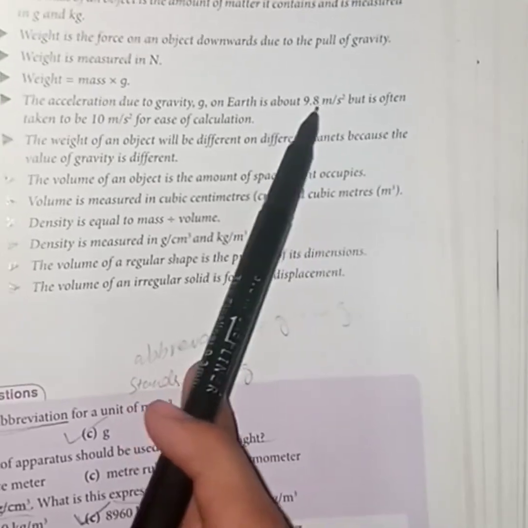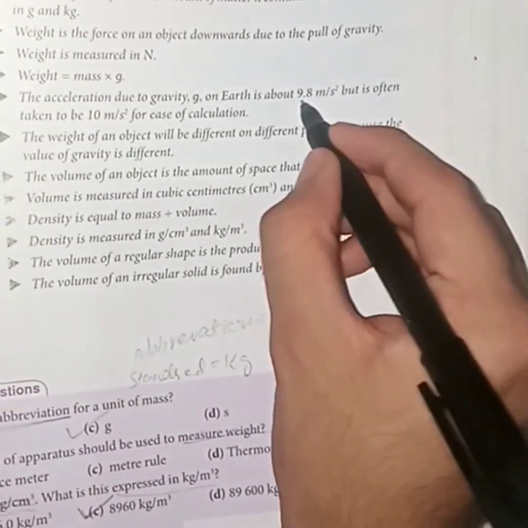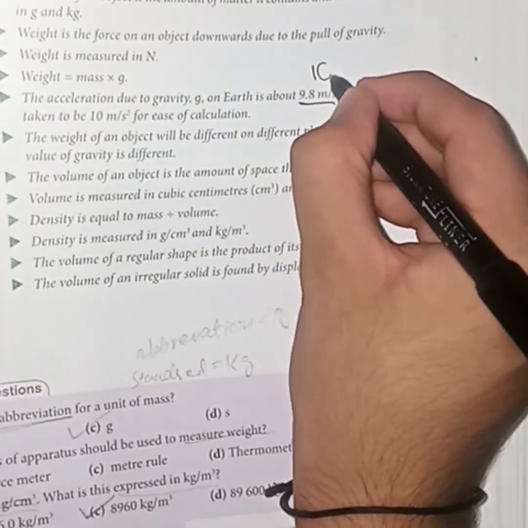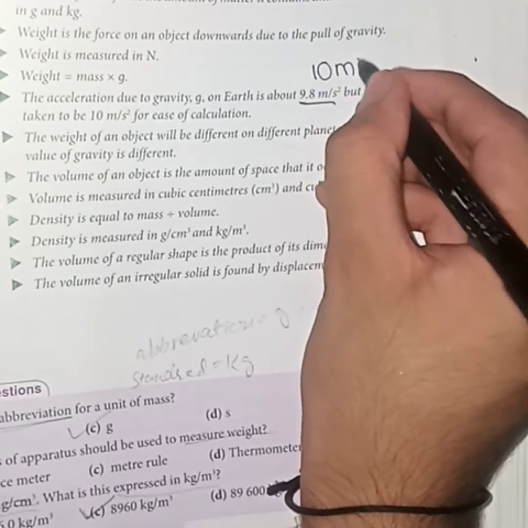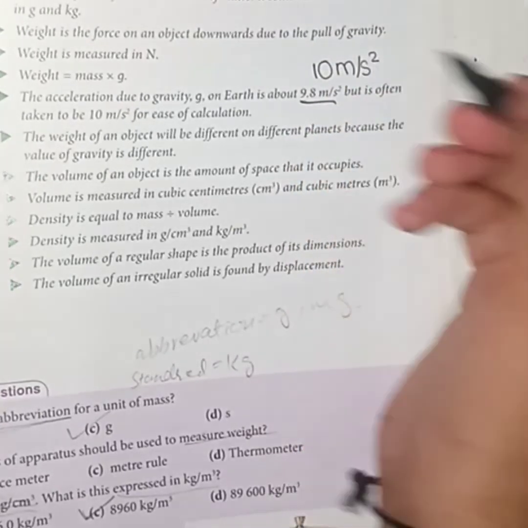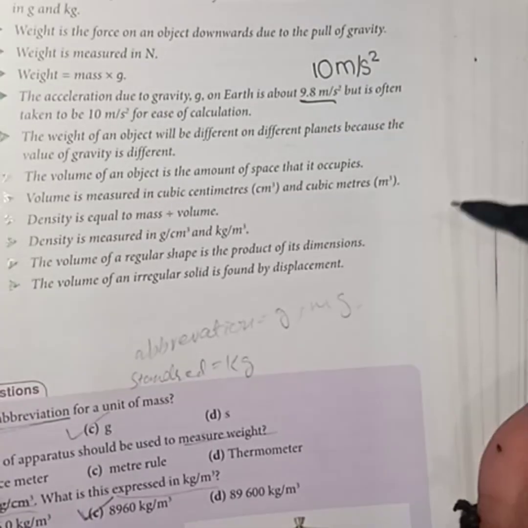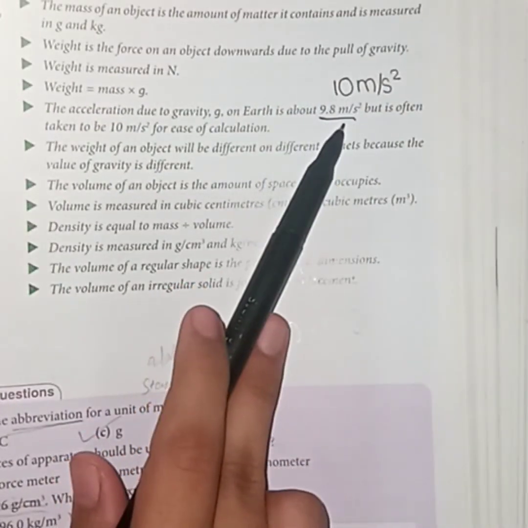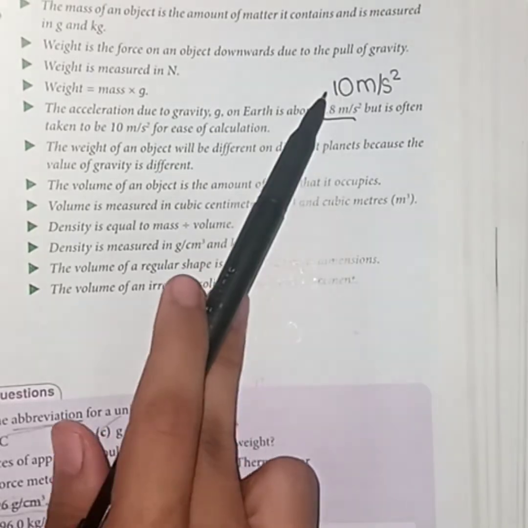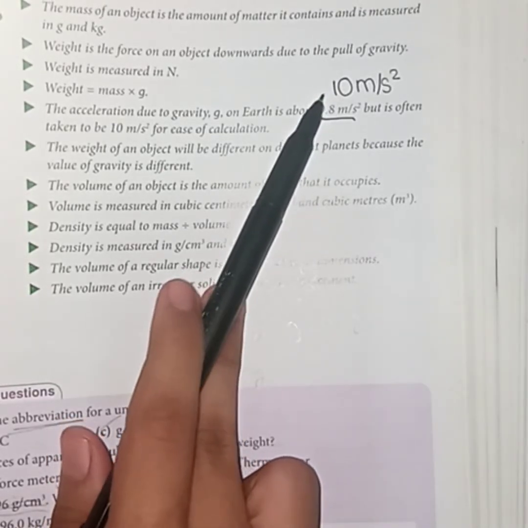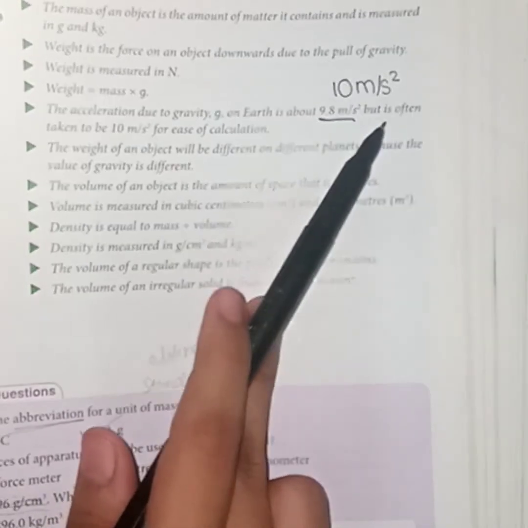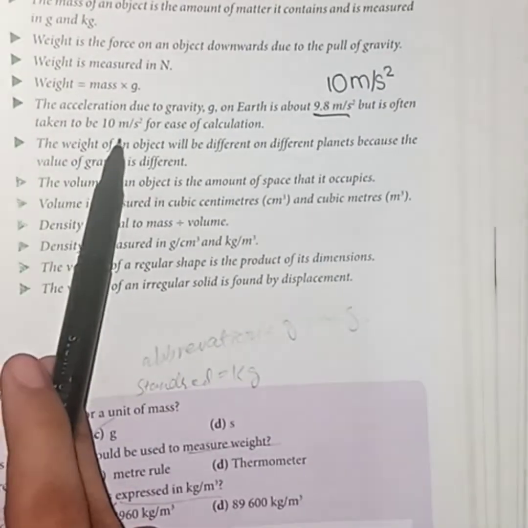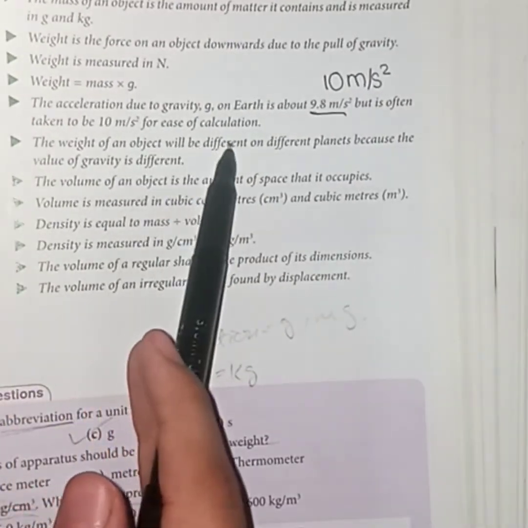In your book it is written 9.8, but in CIE you need to write 10 meter per second square, but it is often taken to be 10 meter per second square for ease of calculation.